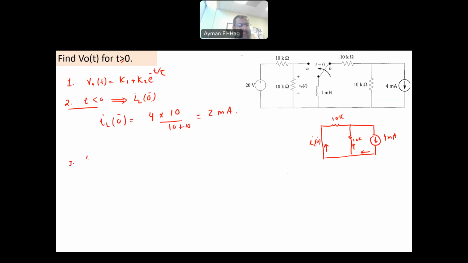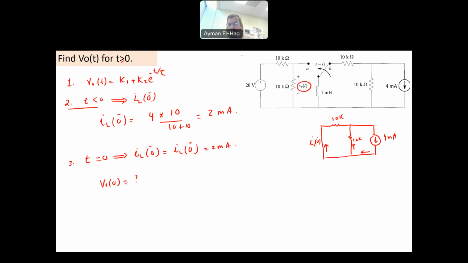Now at t equal to 0, your IL at 0 minus is equal to your IL at 0 plus. The moment you close the switch, because the current cannot change instantaneously through the inductor, the current will be exactly the same, equal to 2 milliamps. Now we need to solve for V0, or V output, at this 0 moment.